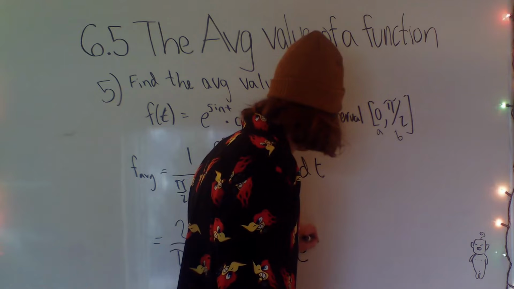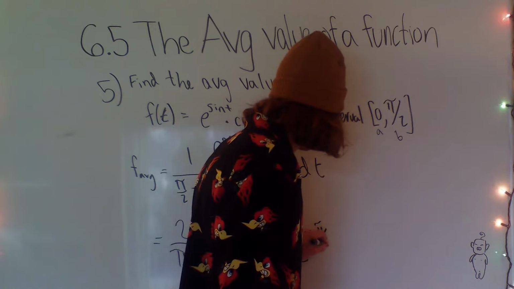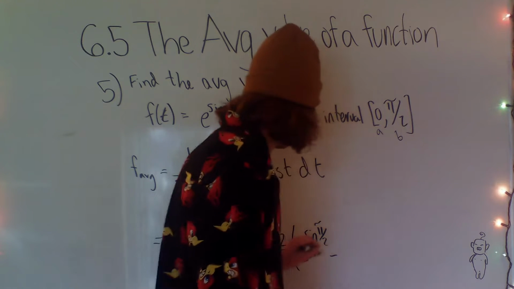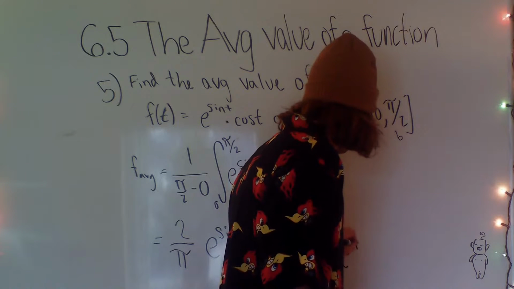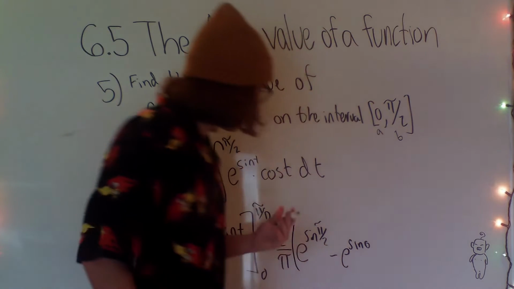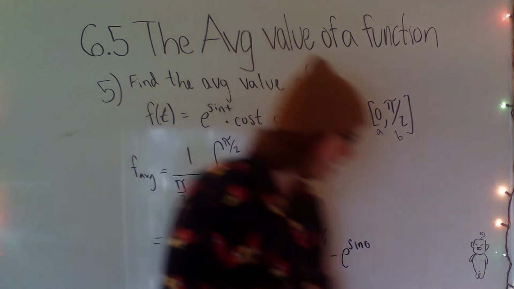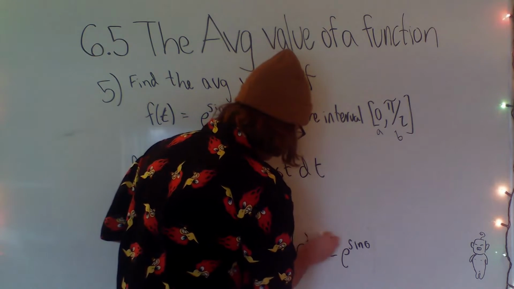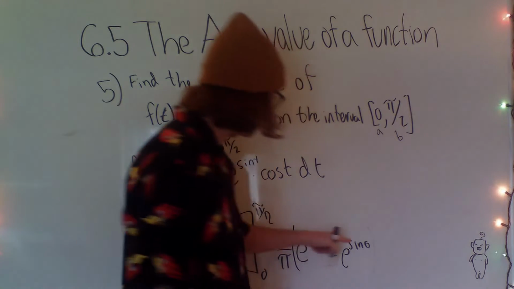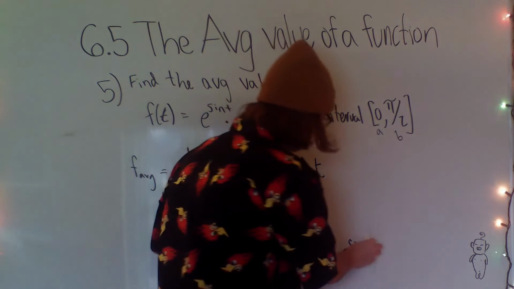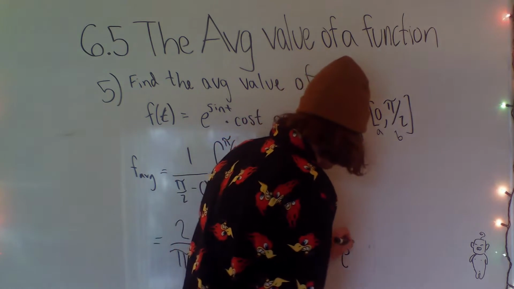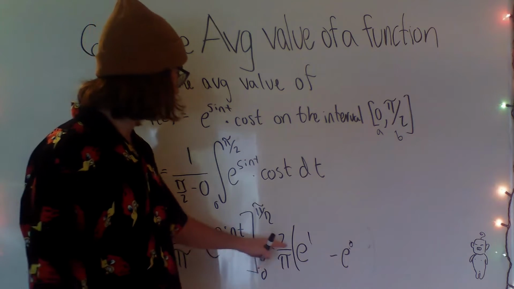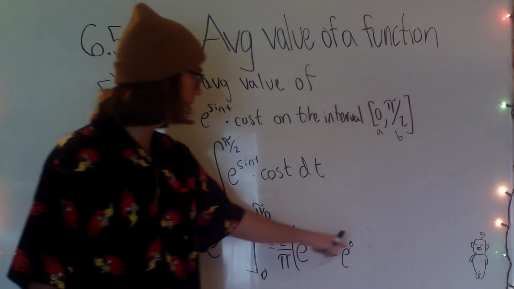pi over 2) minus e^(sine 0). But we know that sine of pi over 2 is 1. And we know that sine of 0 is 0. So then we get that our answer is equal to 2 over pi times e to the 1 minus e to the 0.